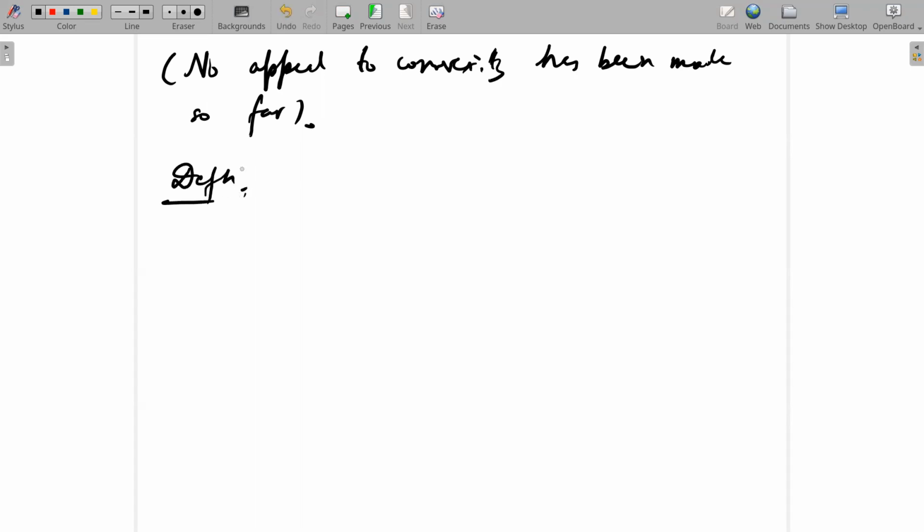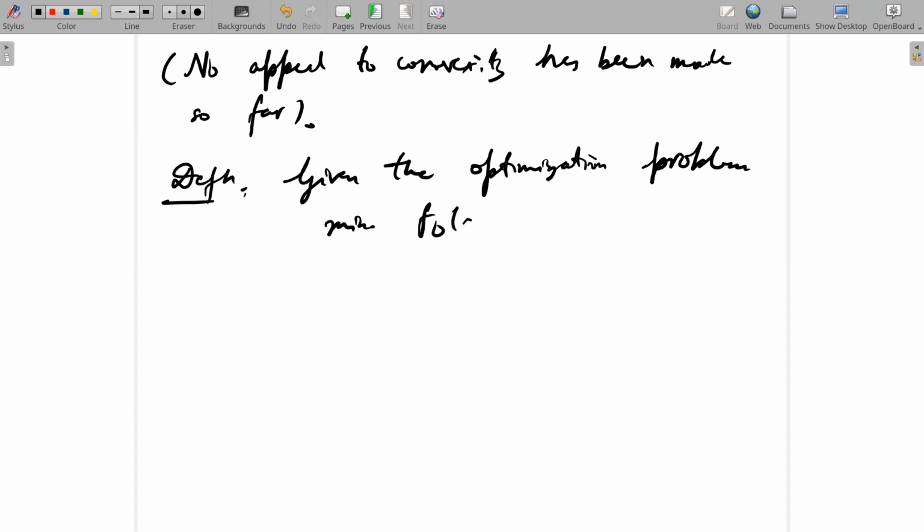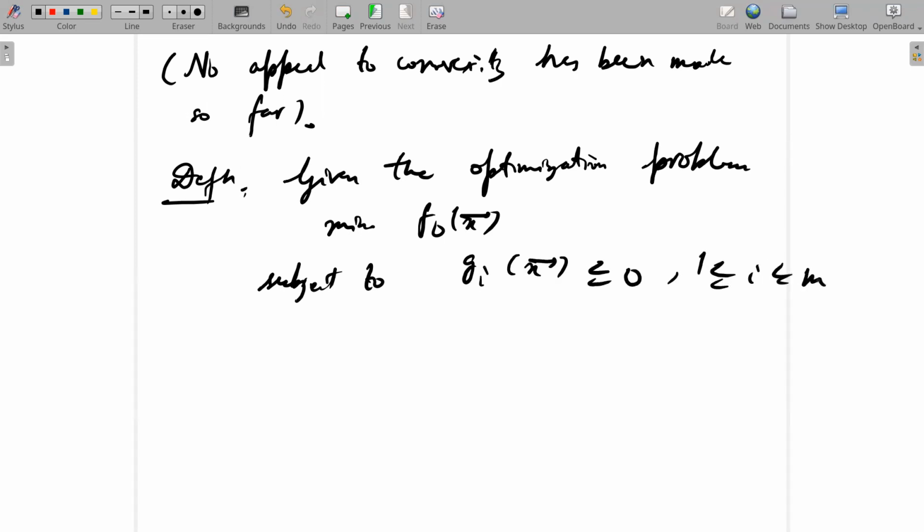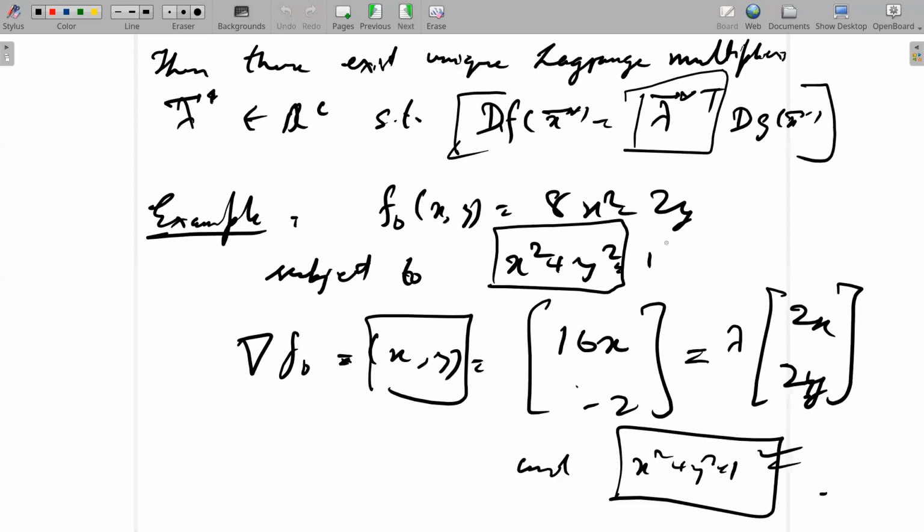So here's a very important definition. Given the general optimization problem, minimize f naught of x subject to the conditions g_i of x less than or equal to 0, 1 less than or equal to i less than or equal to m, and h_j of x equal to 0, 1 less than or equal to j less than or equal to p, we are going to define the general Lagrangian, not just with smooth functions.